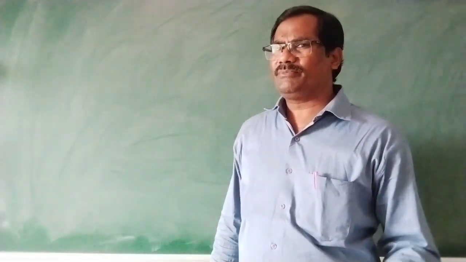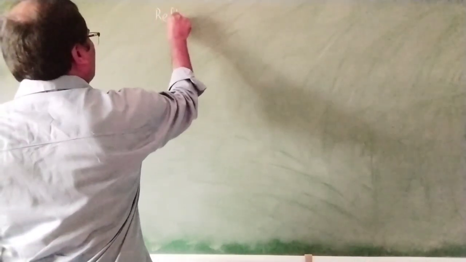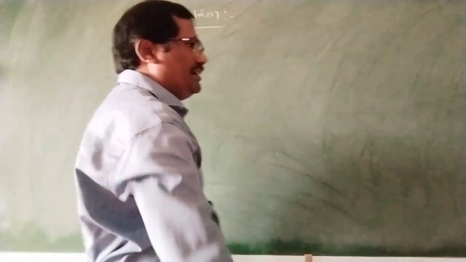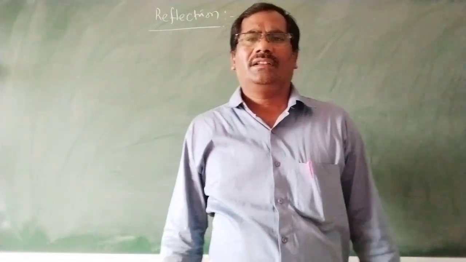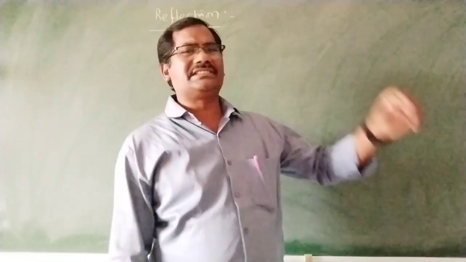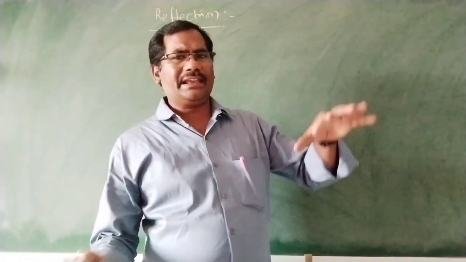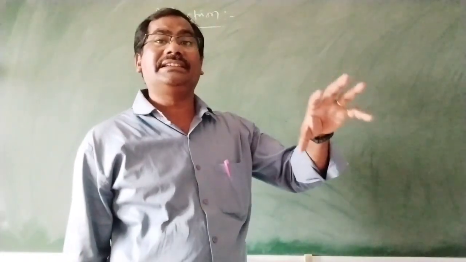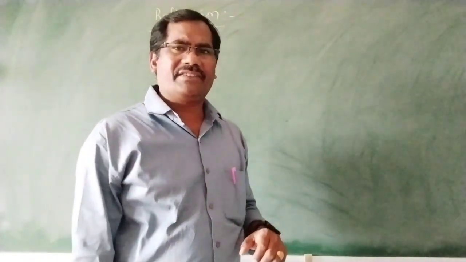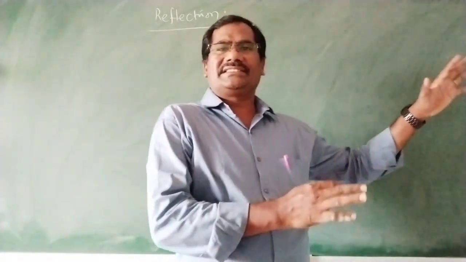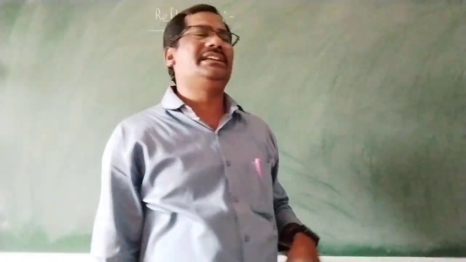Next, properties of light. The first property of light is reflection. What is reflection? When light rays are incident on an opaque substance or reflecting surface, some of the light returns back into the same medium.